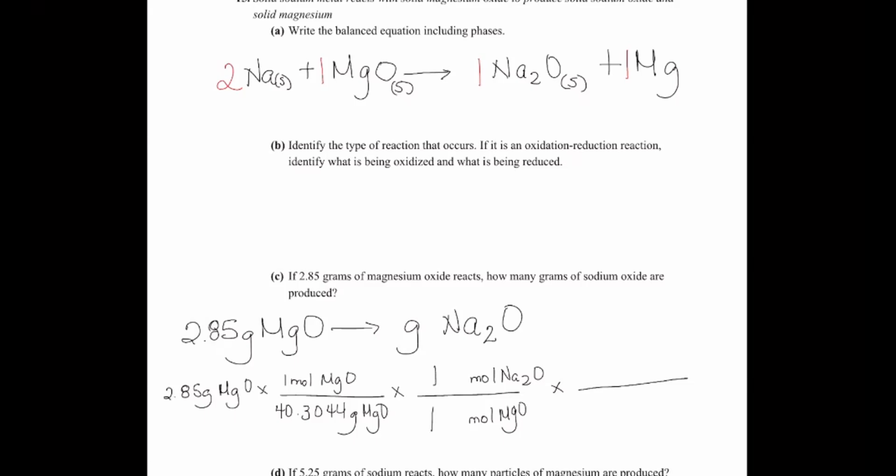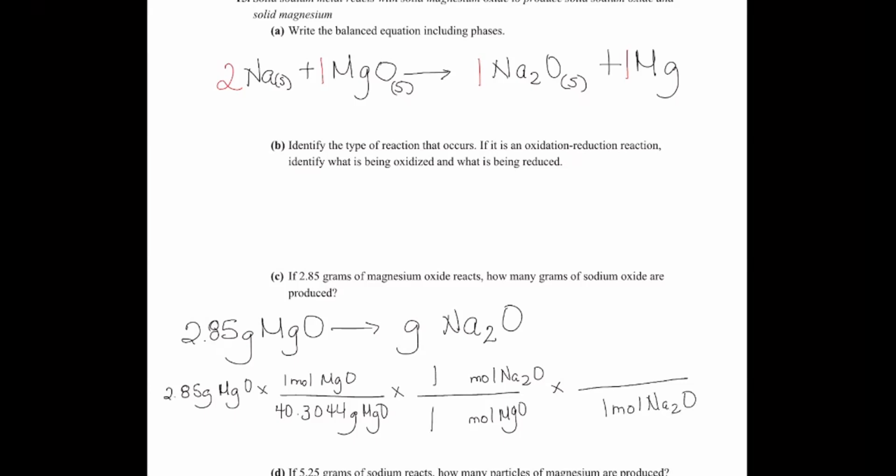So the last portion here is going to be the molar mass of that second compound that I'm interested in. So I'm going to do in the bottom 1 mole of Na2O, and on top, the molar mass of it.